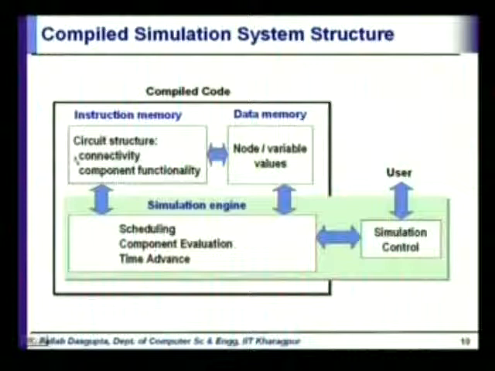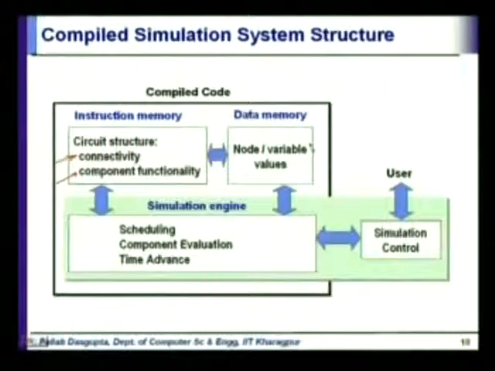So this is where you are storing the logic of the different blocks, and this is the connectivity between the blocks. This is the data structure in which we are storing the circuit, and then here is the data memory, which is storing the values of the signals and the registers, because they are going to change with time.